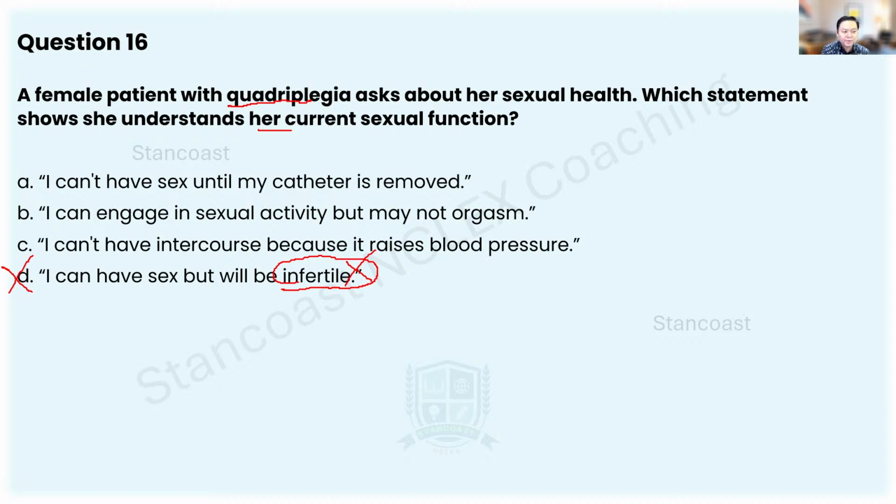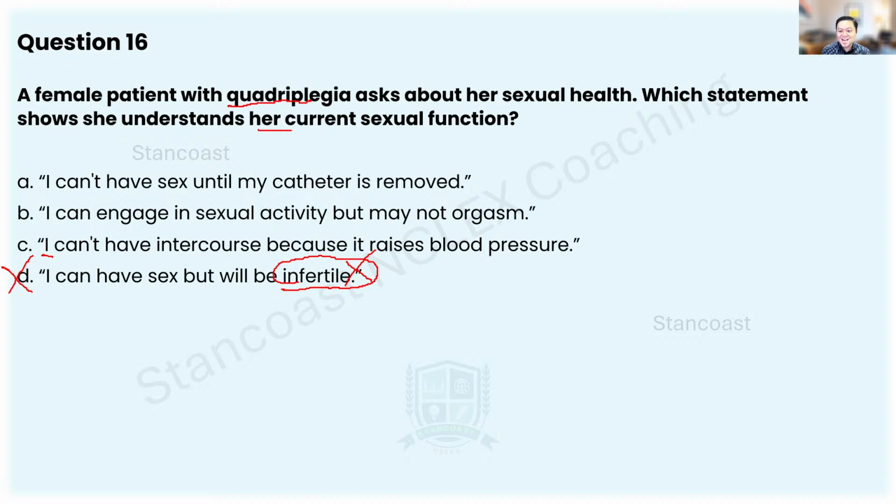What about letter C? I can't have intercourse because it raises blood pressure. Will it? No, it's not known to impair them, okay?